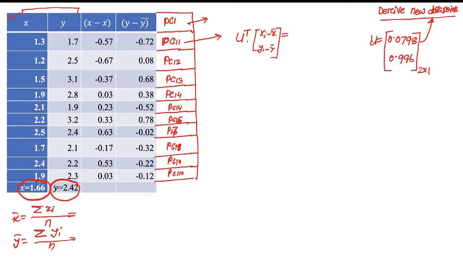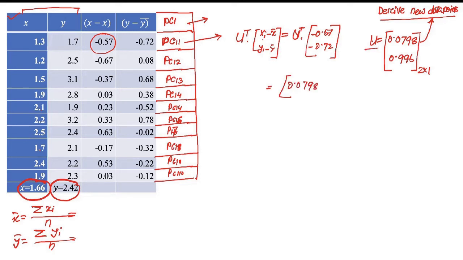Here this value is minus 0.57, and the next component is minus 0.72.